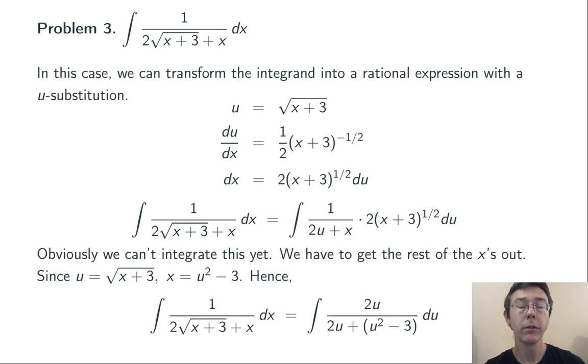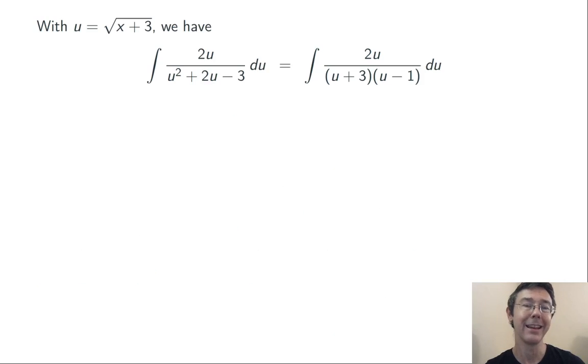Completing the substitution, I get this integral, 2u over 2u plus u squared minus 3 du. Now my integral is just in terms of u, and it's something that I can integrate. It's now a rational expression. It's going to be a good candidate for partial fractions.